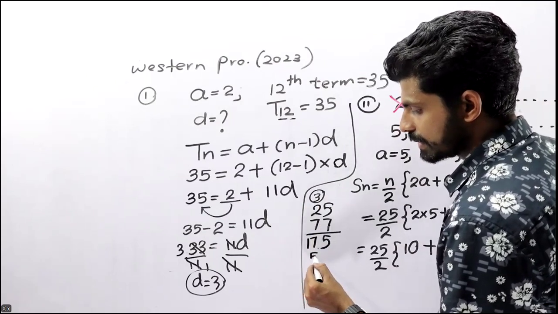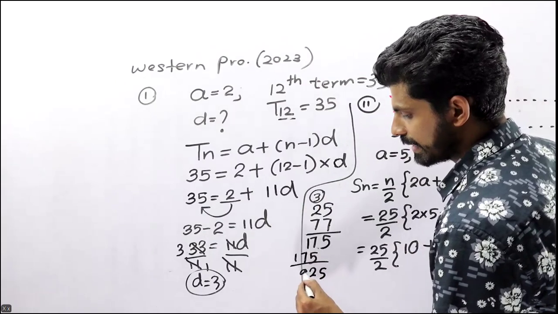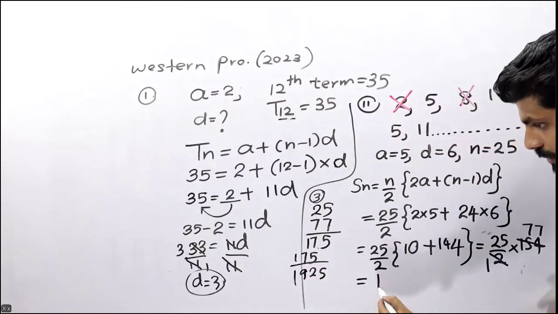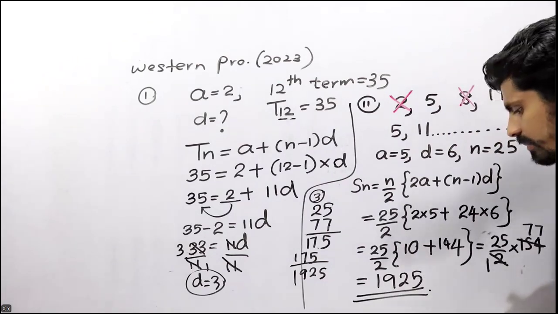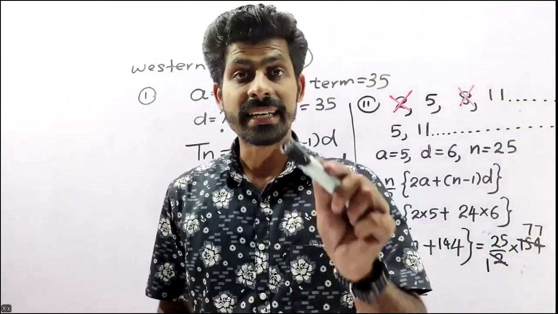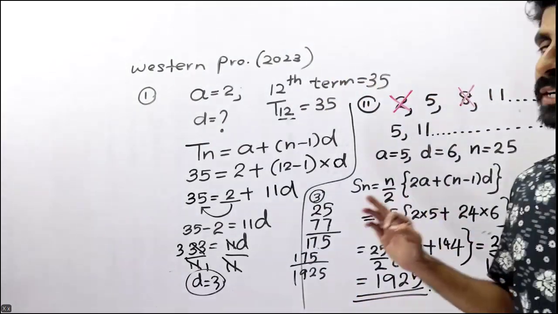So the answer is 1925. 1925 is right. So that one is very easy.